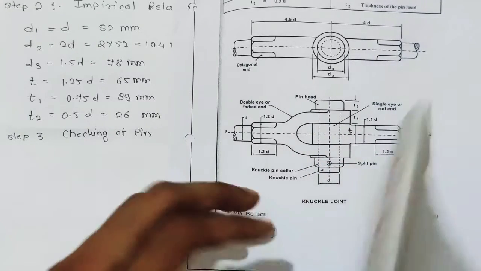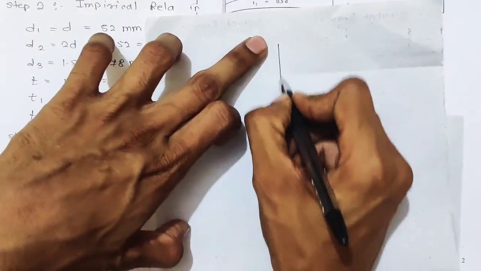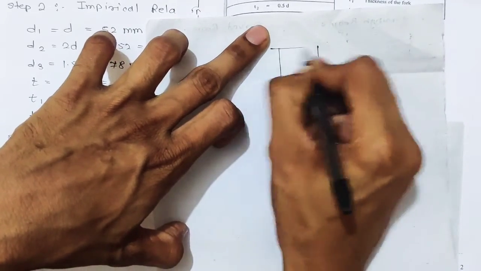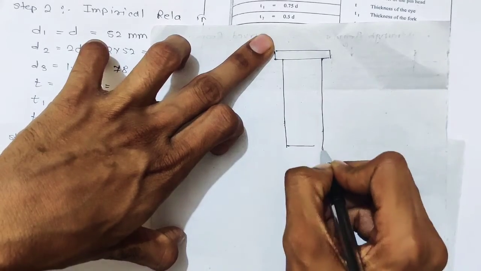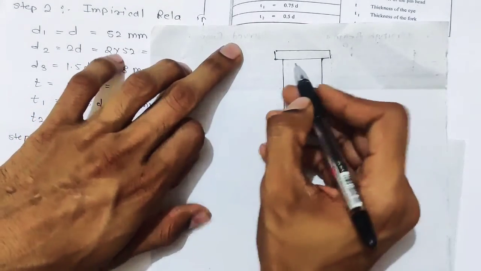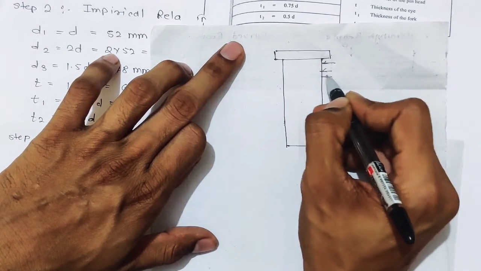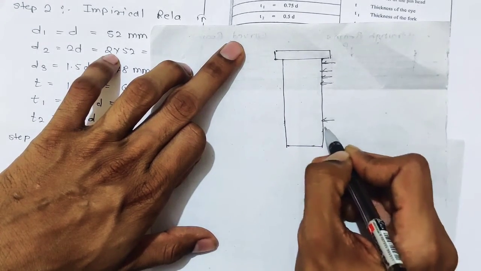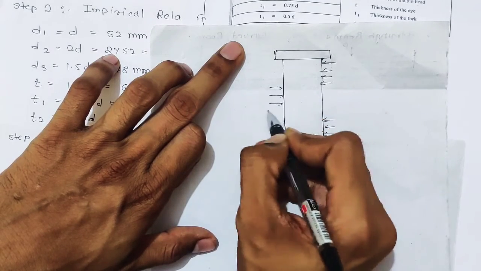If you consider this is a pin, just consider this is a pin. Now you are forcing it like this. This is the fork and this is the single eye.